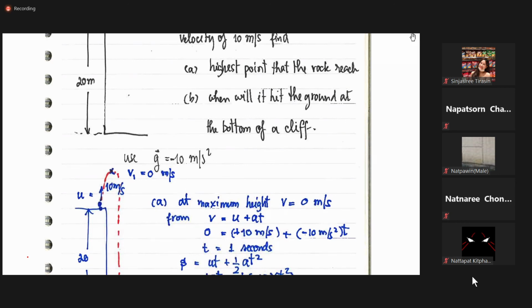Now, in this case, the rock is going up, so the initial velocity u is plus 10 meters per second. At maximum height, the velocity must be 0 because the rock goes up and then gravity pulls it down until it stops.